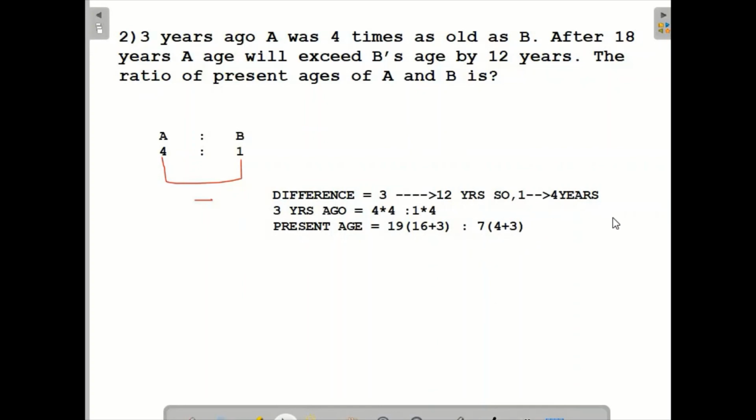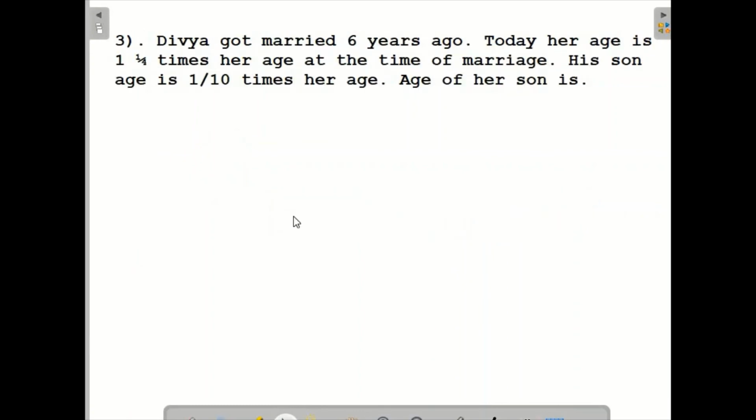So for 1 year, it is 4 years difference. As we said, A's ratio is 4, so 4 into 4. For B, we assumed 1, so 1 into 4. We have to add that 3 years also. So 19 is the present age of A and 7 is the present age of B. So shall we go for the next example?